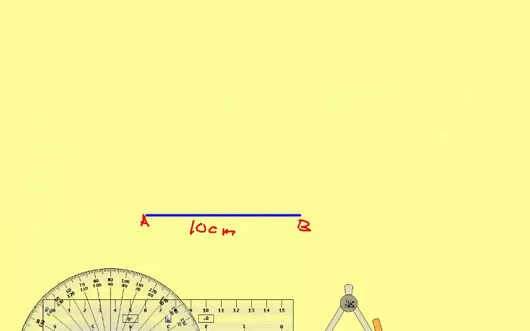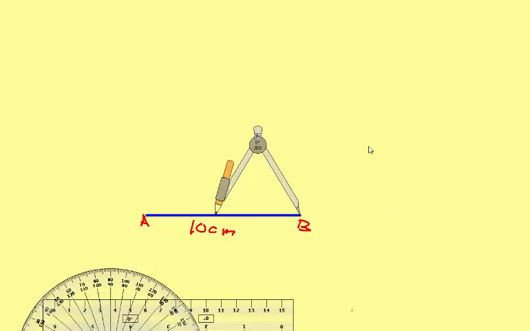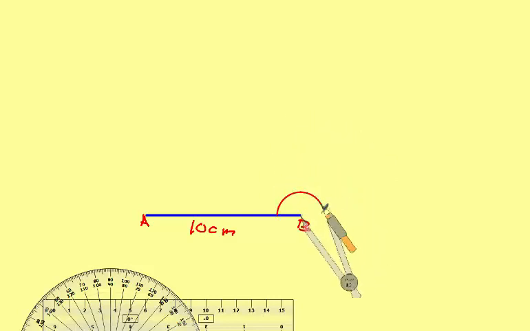And of course, to construct an angle, you need a compass. So this too is called compass. So we are going to draw. Open it to a smaller radius as you can find on the screen, right? Then handle your pencil well as supposed to be. Then construct a semicircle. Good.